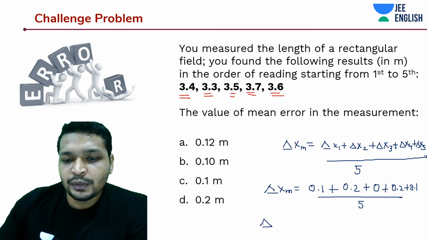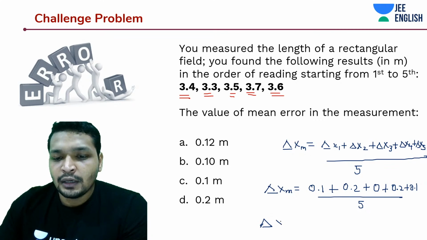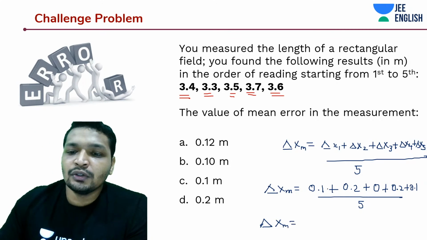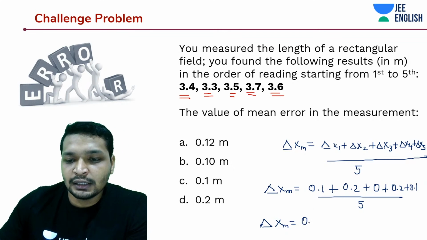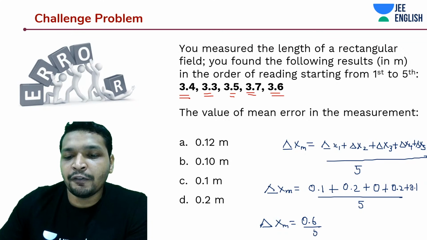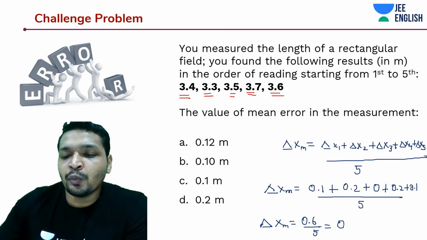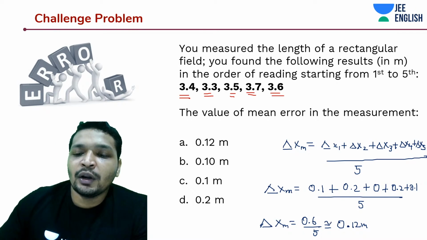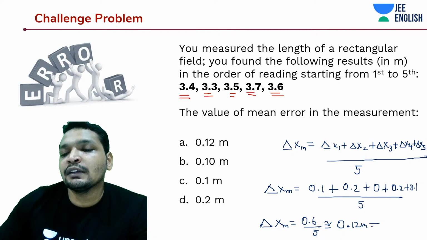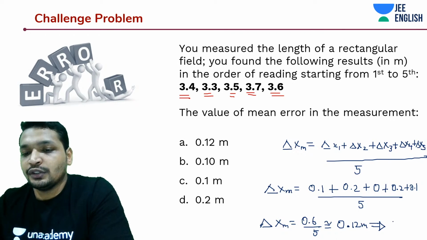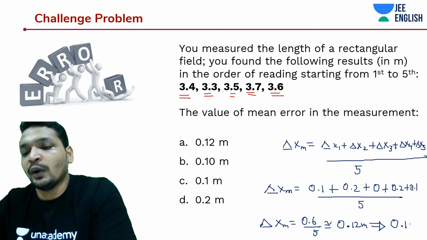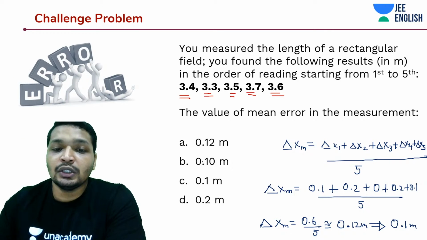This comes out to be delta x mean is equal to 0.6 divided by 5. How much is this? 0.12 meters, but only one decimal place, so only 0.1 meters, not 0.12 meters.